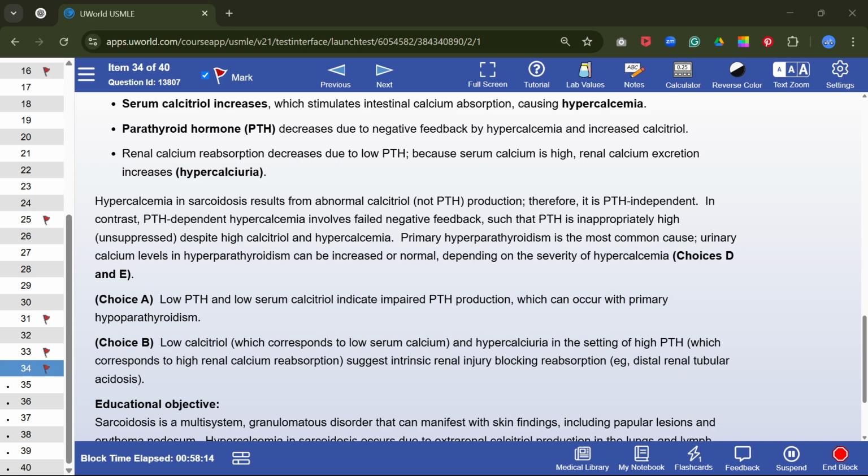In contrast, PTH dependent hypercalcemia involves failed negative feedback, such as PTH inappropriately high, unsuppressed despite high calcitriol and hypercalcemia. Primary hyperparathyroidism is the most common cause. Urinary calcium levels in hyperparathyroidism can be increased or normal depending on the severity of the hypercalcemia.